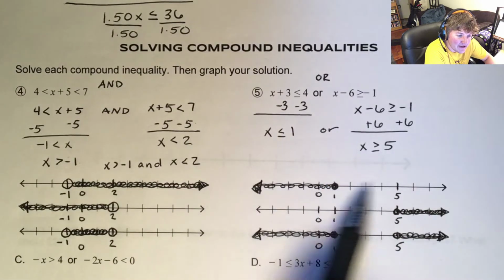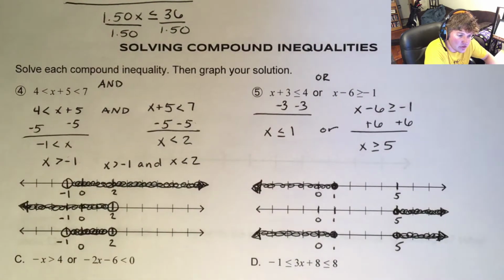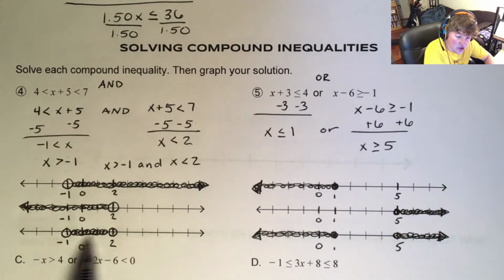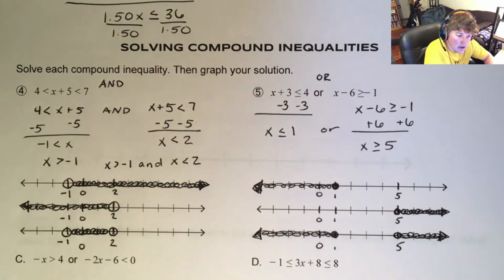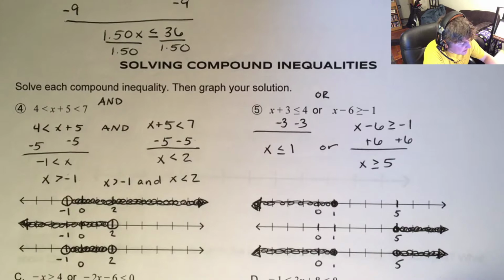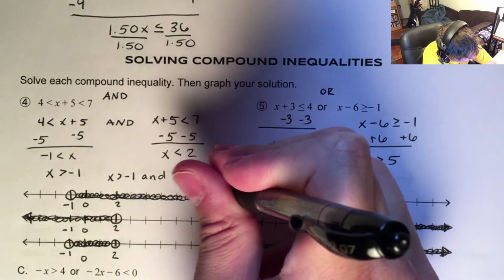Again, I'm not going to need to see these first 2 lines. They're just here to help you demonstrate how you can get your solution set on your graph. Okay, anything in the shaded region is a solution. Here, anything in this shaded region is a solution. Okay, one thing that may help you is and inequalities and or inequalities. And inequalities will look like this in general.